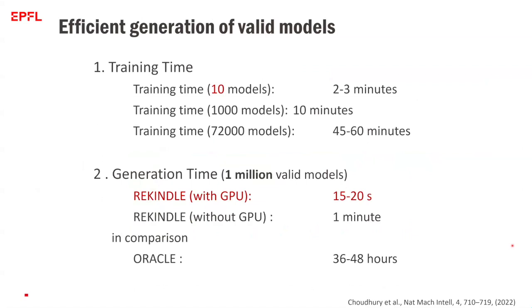But once you have a nonlinear network, I mean a neural network generator, then you can in up to 20 seconds generate 1 million of models. So it's really, really efficient. I mean, it is just filtering through a neural network. There is no surprise there.